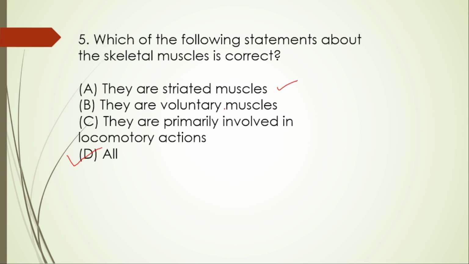They are primarily involved in locomotory action: skeletal muscles are attached to bones and are responsible for body movement and also changes in body posture. All of them are right. So for the fifth one, option D is right.